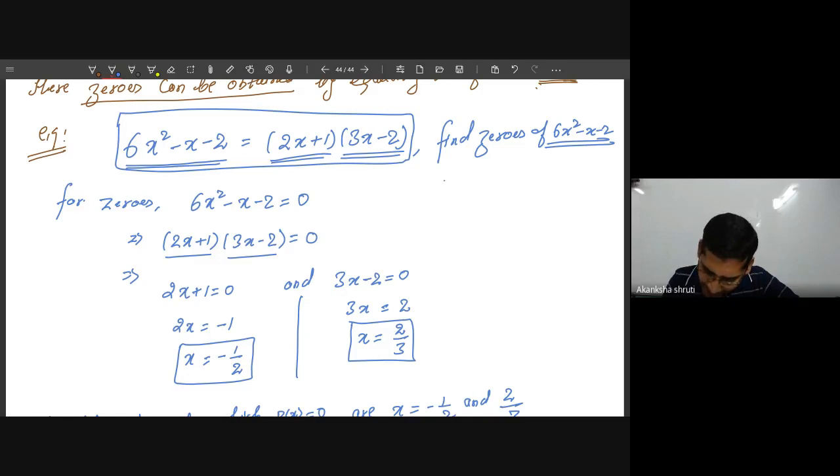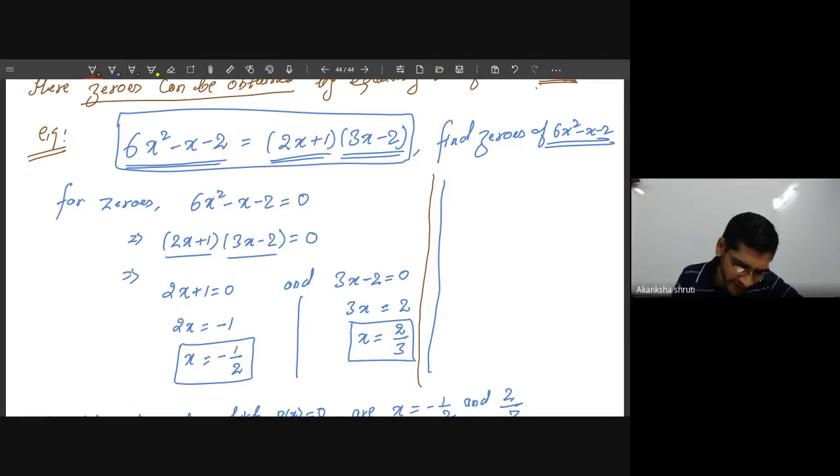But student, if you recall our previous classes, then this 6x square minus x minus 2 can be converted as a product of two brackets by splitting the middle term. Can we do it? Student, can we do it? Tell me. Yes, try to do it, students.